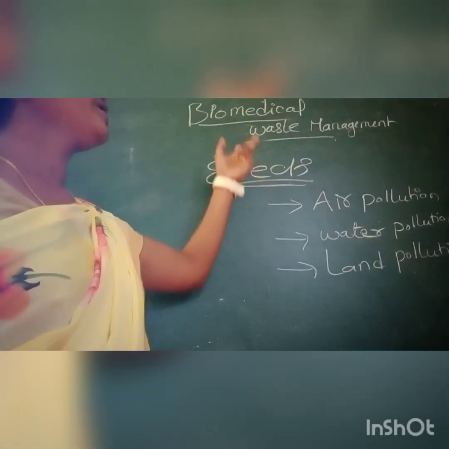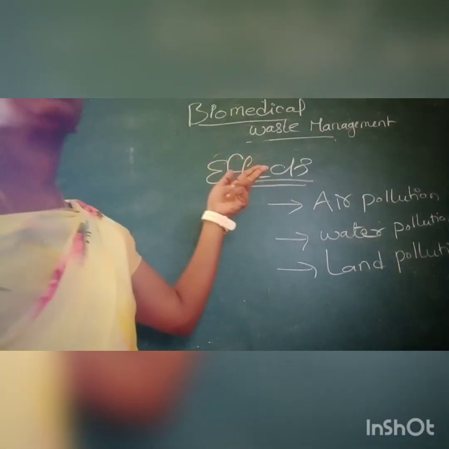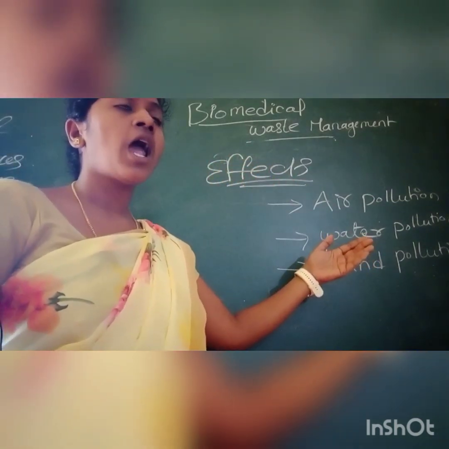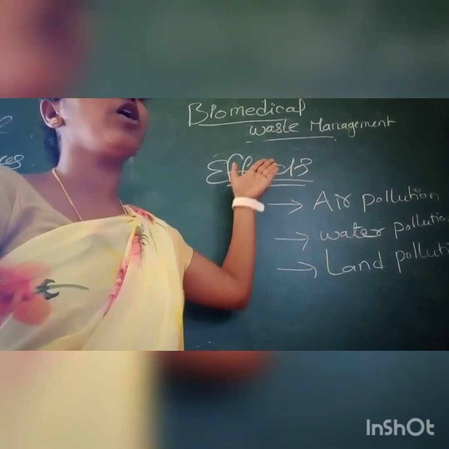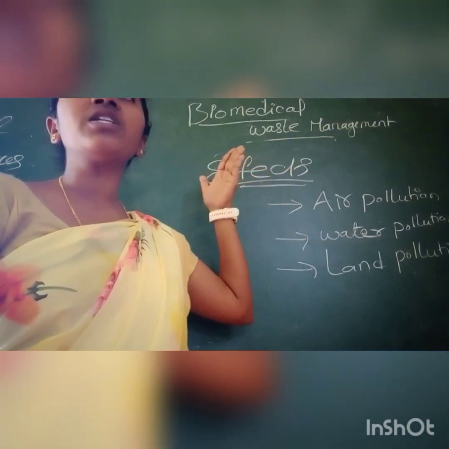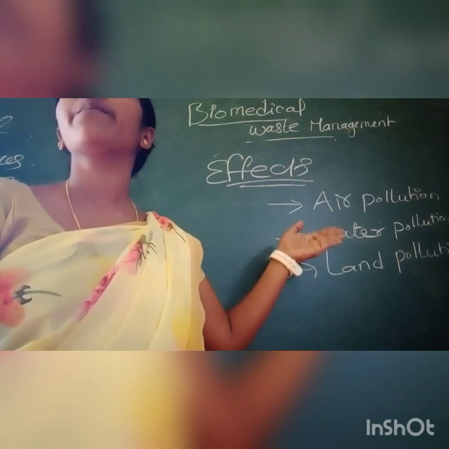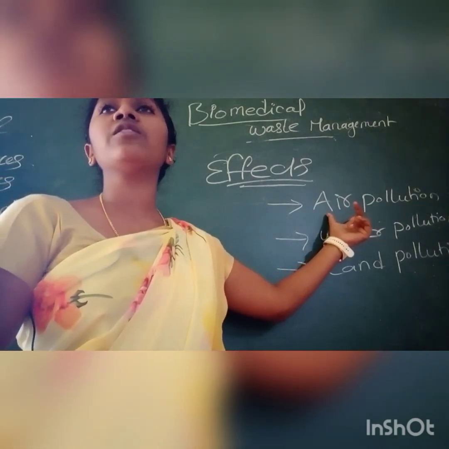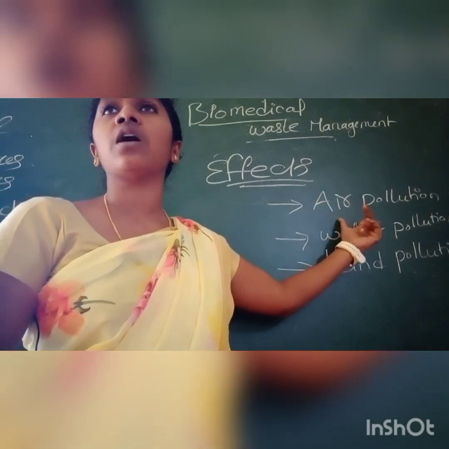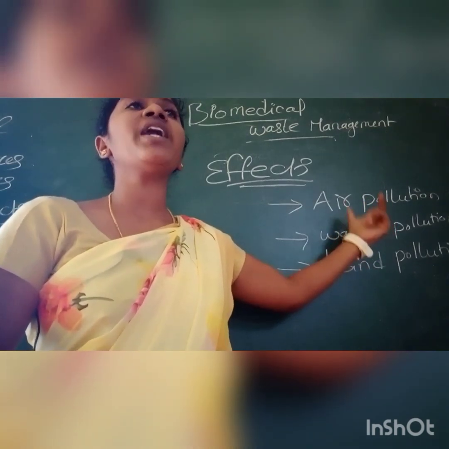See the effects of biomedical waste. How can it affect us if we fail to segregate and treat the biomedical waste in a proper way? If you do not segregate and dispose of them properly, what happens? Air pollution, because pathogenic or infectious organisms on the material may spread into the air.